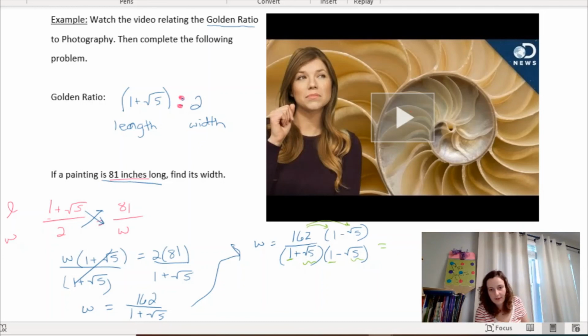Now I can multiply the numerator, 162 times 1 minus the square root of 5. I'll just leave it like that. And in the denominator, I have 1 squared minus the square root of 5 squared.